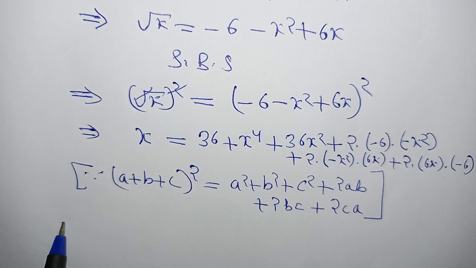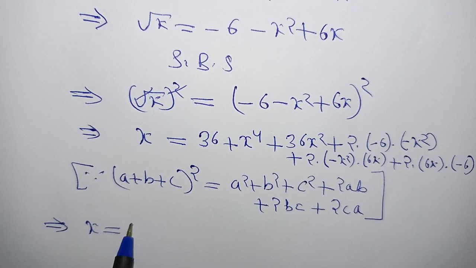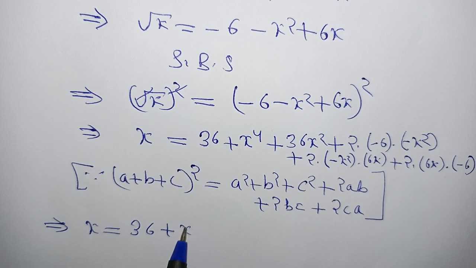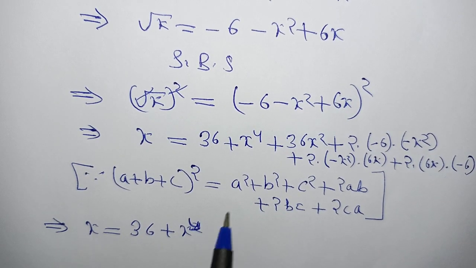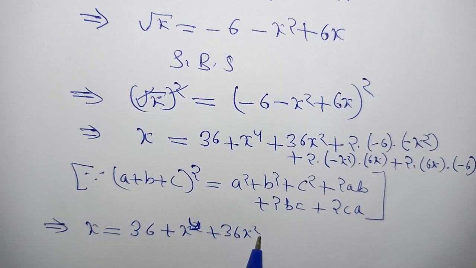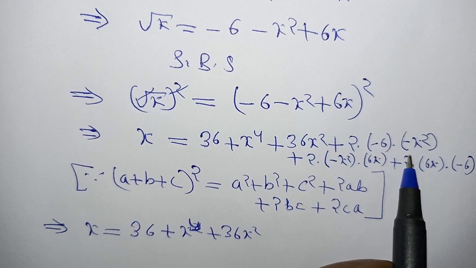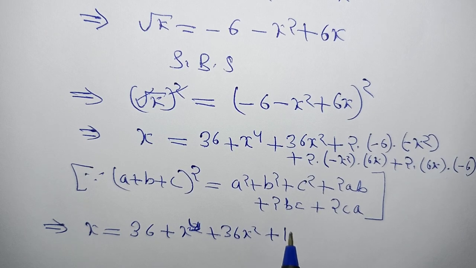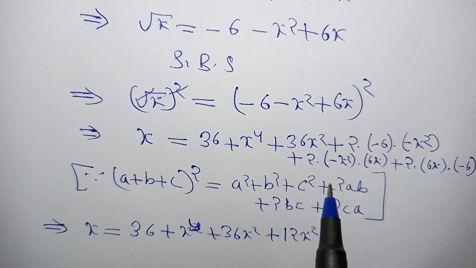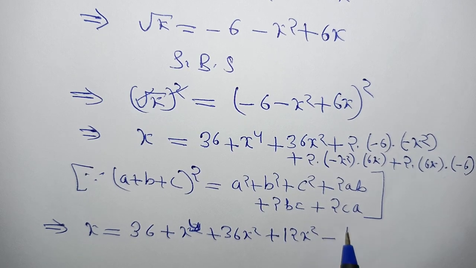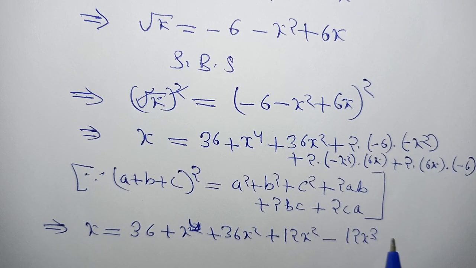Now by simplifying, we have x is equal to 36 plus x power 4 plus 36x square, and here we have 2 into minus 6 minus x square, minus will cancel out, and we have plus 12x square, and then we have minus of 12x cube, and then we have 2 into 6 into minus 6, that is minus of 6 into 6 is 36 and into 2 is 72x.